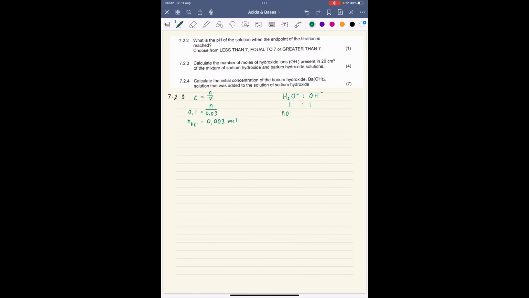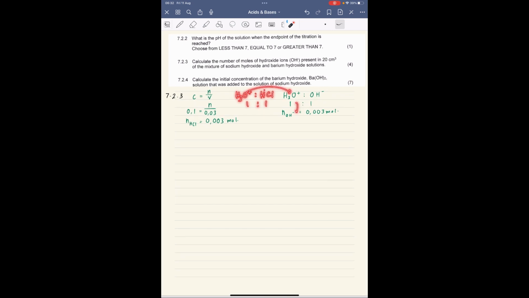So the moles of OH are going to be equal to the moles of H3O. And the moles of H3O is 0.03. Again, why is it 0.03? Because of dissociation. And we know that the mole ratio between H3O and HCl is also 1 to 1. So it's the same thing here as well. So we move from here to here to here.